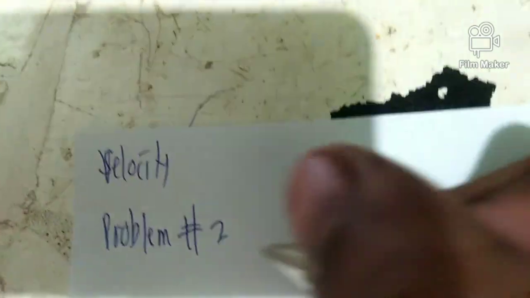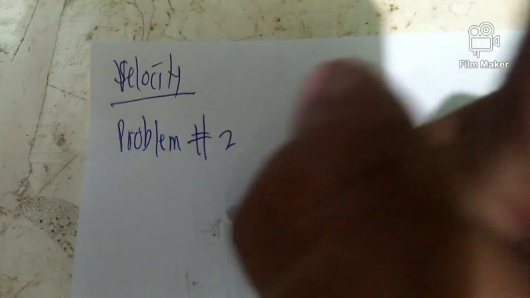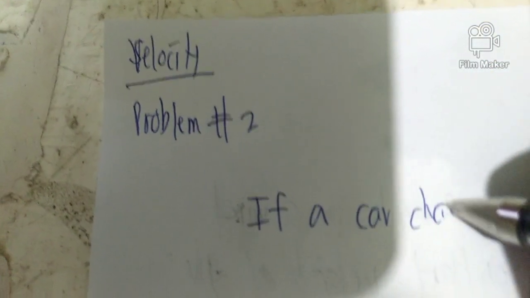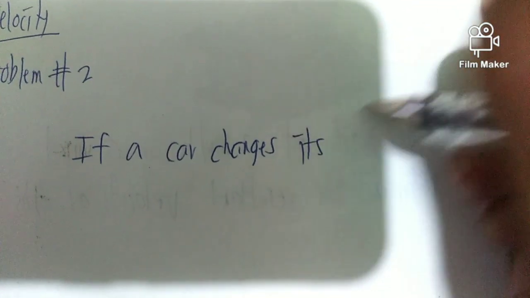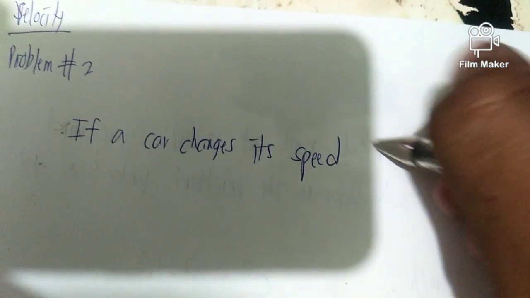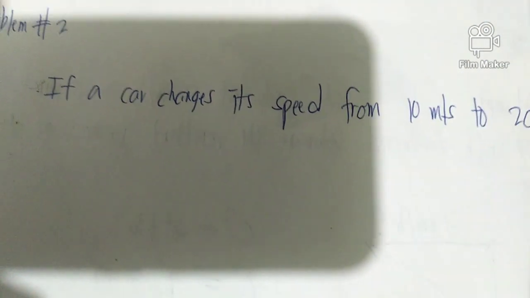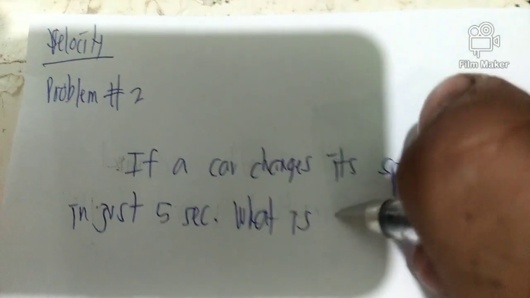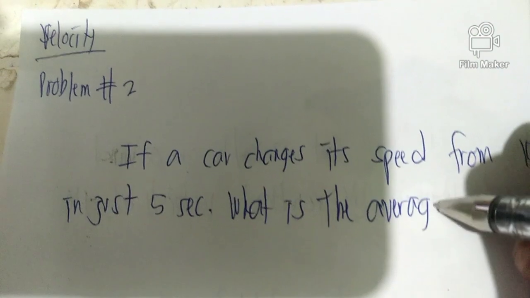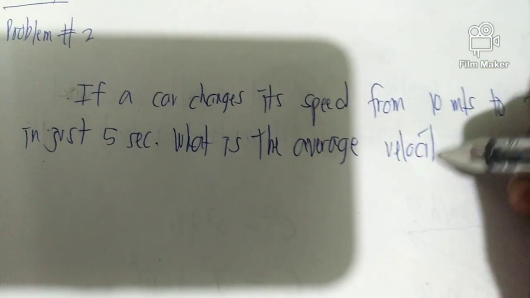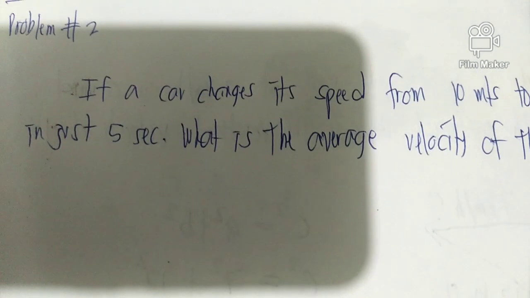Problem number 2, velocity. If a car changes its speed from 10 meters per second to 20 meters per second in just 5 seconds, what is the average velocity of the car?